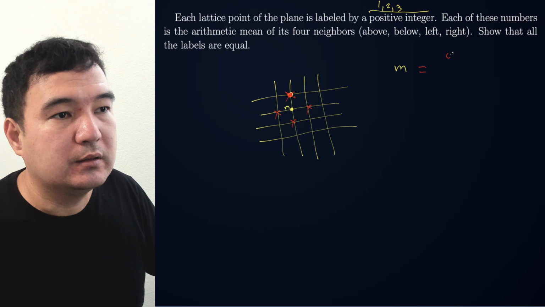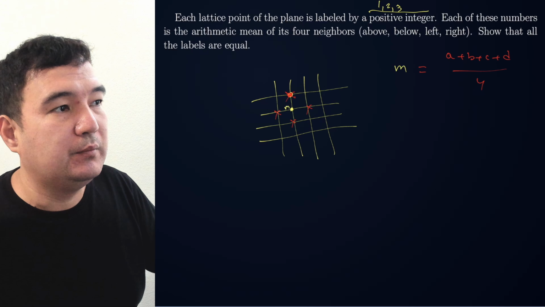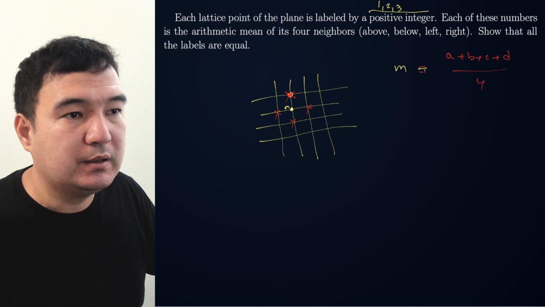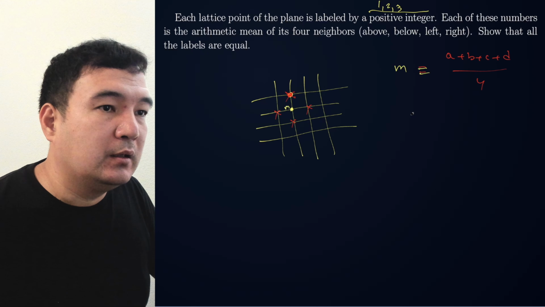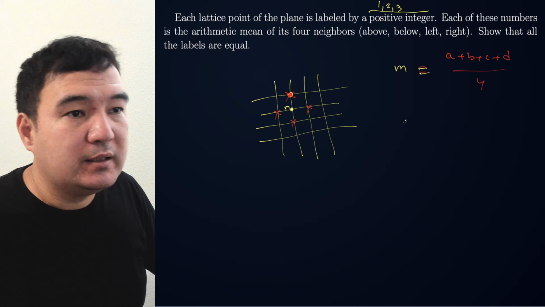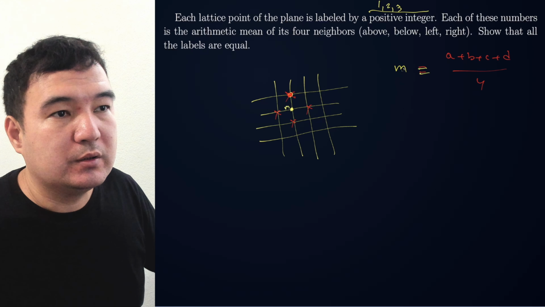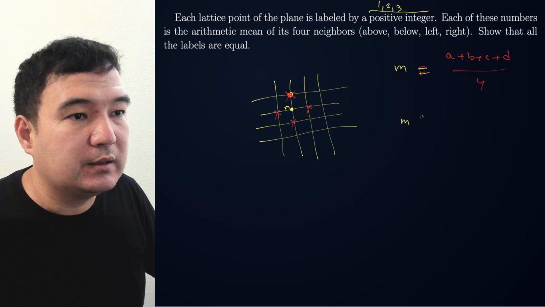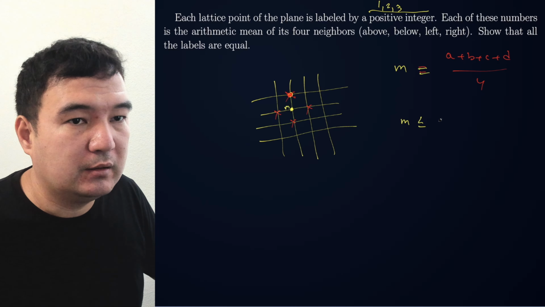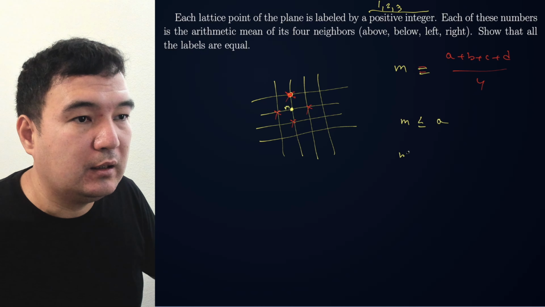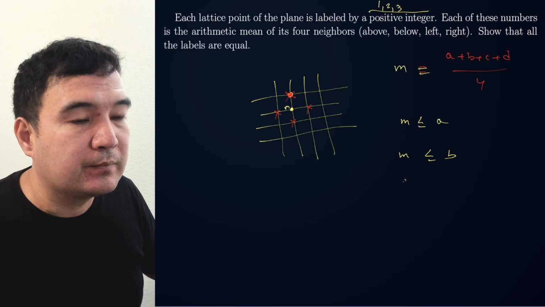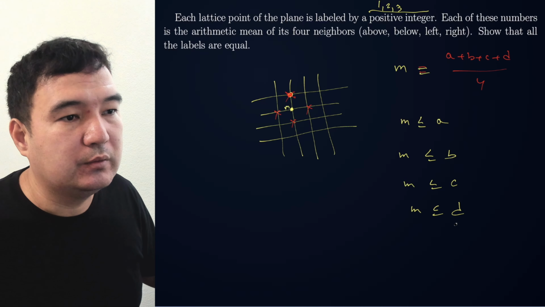So M is the arithmetic mean, A plus B plus C plus D over 4, the mean of 4 numbers. At the same time, M is the smallest of all numbers. It means that M is less than or equal to A, B, C, and D.